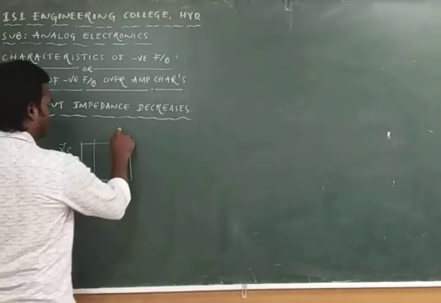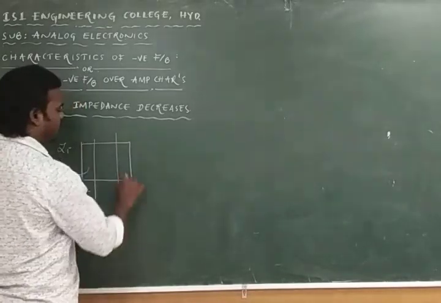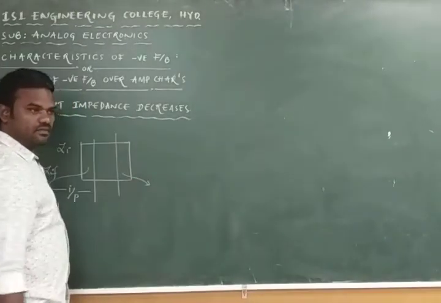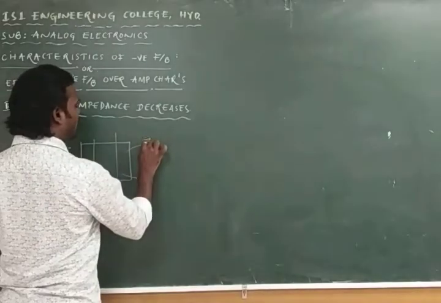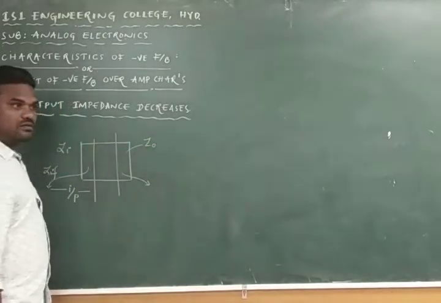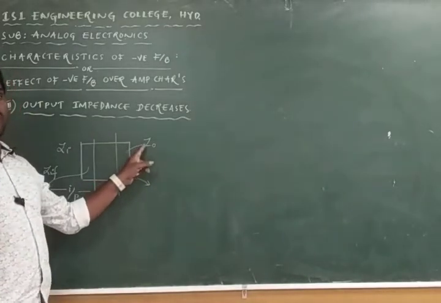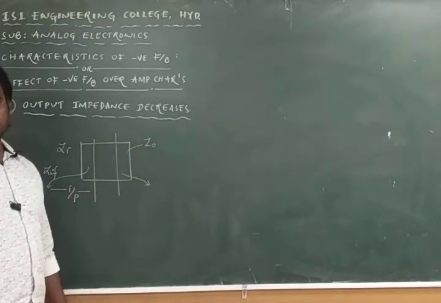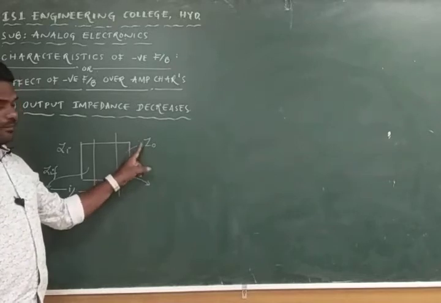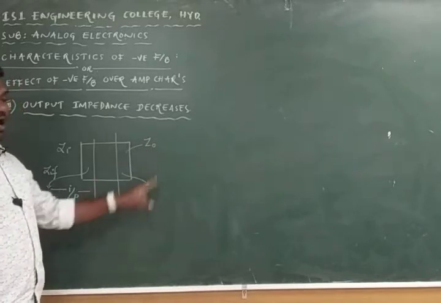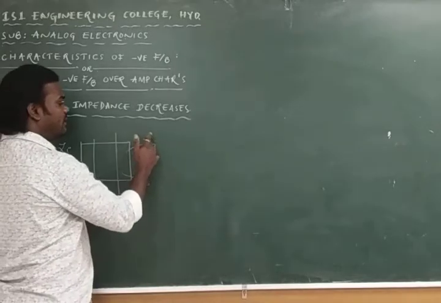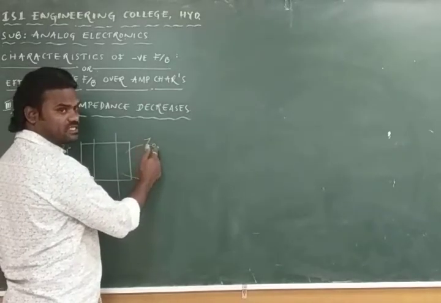Similar to this, we have to apply the same concept to the output side, which has a resistance at the output that we call Zo. Zo means output impedance. Z always stands for impedance, O stands for output. Without feedback, the impedance is Zo.